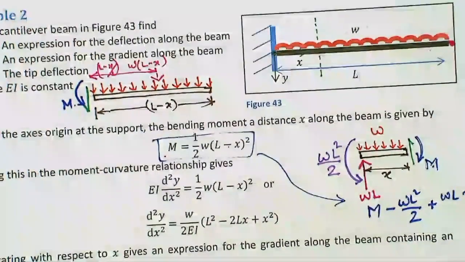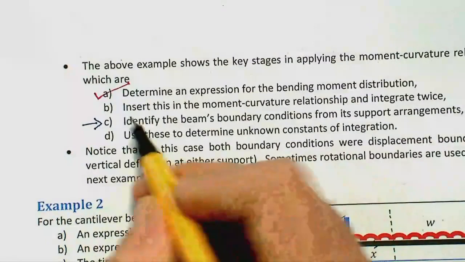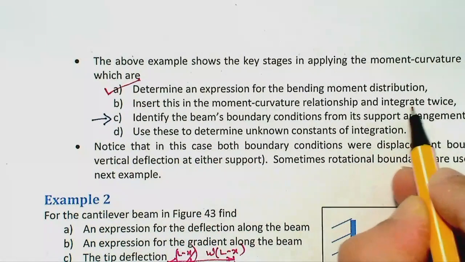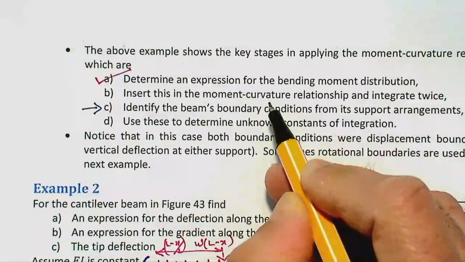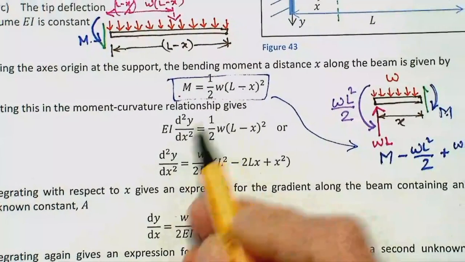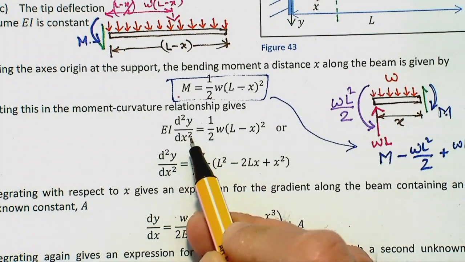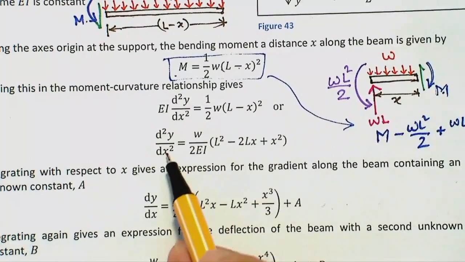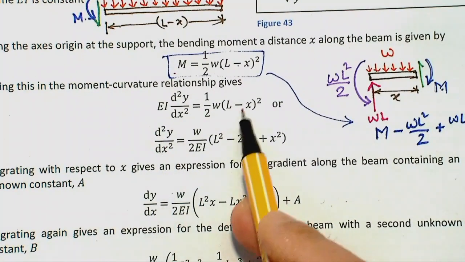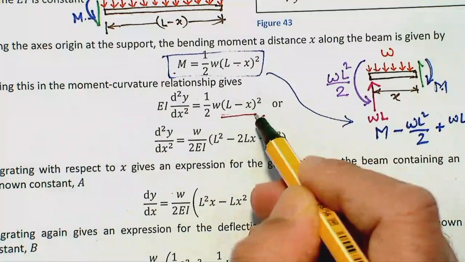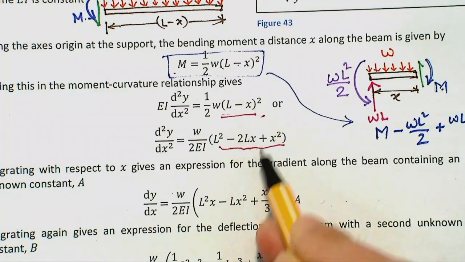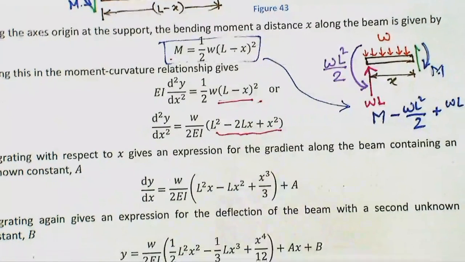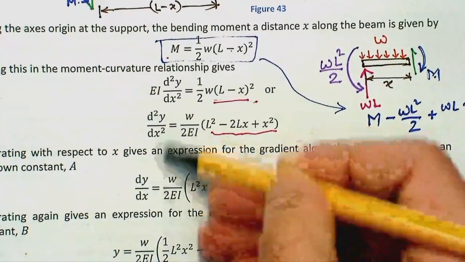Now the second step is to insert this in the moment curvature relationship and integrate twice. What it means is that EI d2y/dx2 is M. So you put the expression in there, so d2y/dx2 is this expression. Expand that bit so that you get (L minus x) whole squared as these expressions. Then integrate it once.